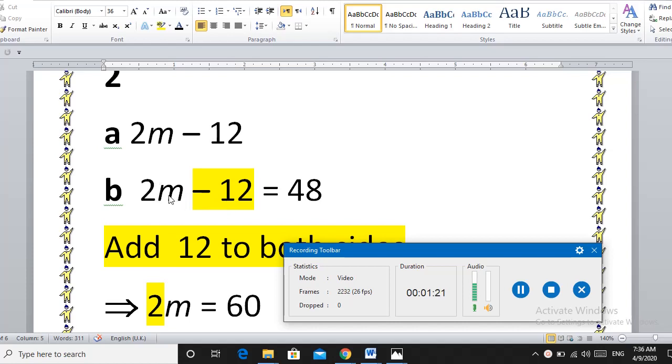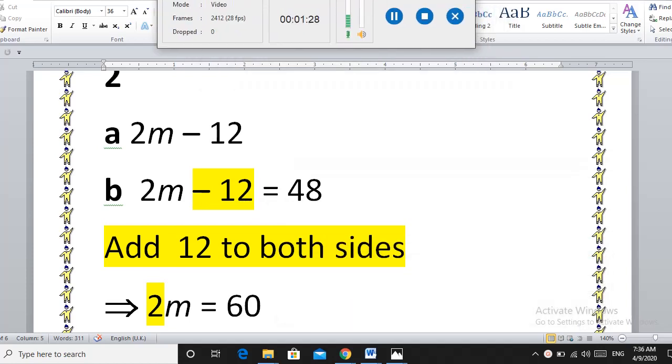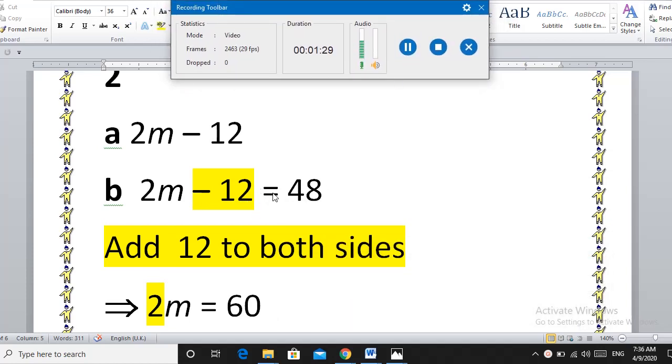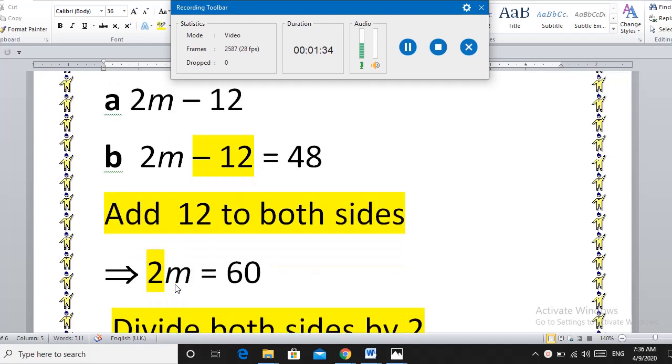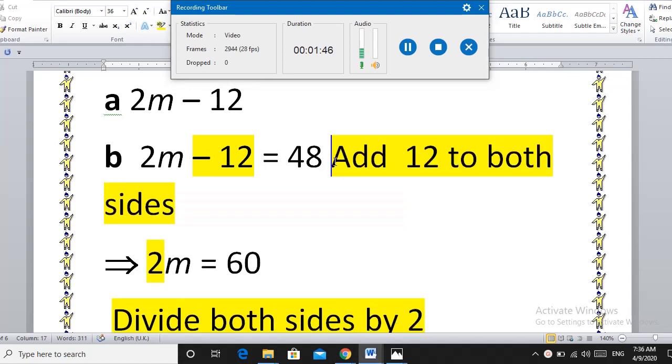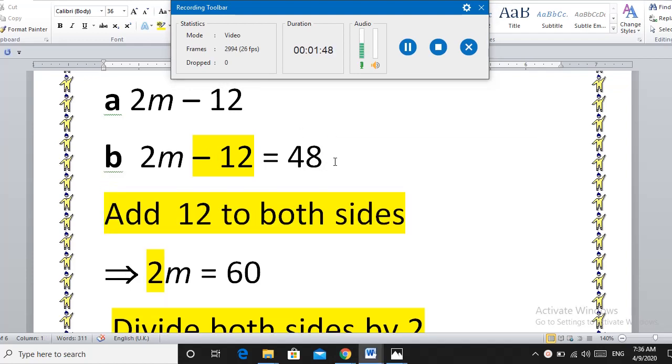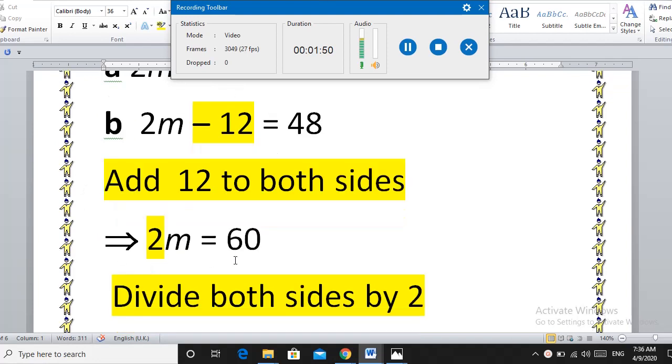So 2M, a coefficient of 2 for the M variable, minus 12 equal to 48. The first step would be adding 12 to both sides, so we can omit the 12 here. We get 2M equal to 60, because 48 plus 12 is equal to 60, okay? Then we have 2M equal to 60.